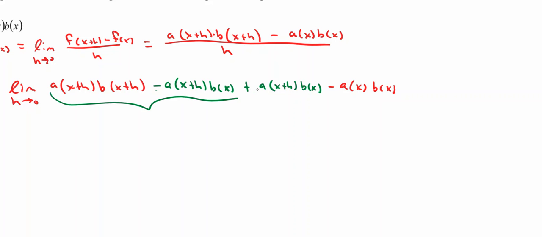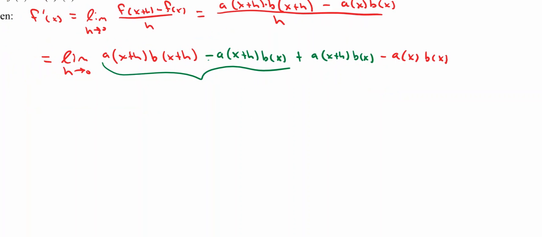We are going to look at this chunk of it, and we're going to factor out what we can. Okay? So this would be equal to the limit as h approaches 0 of, and then you can see I have a of x plus h, a of x plus h, I'm going to factor that out.